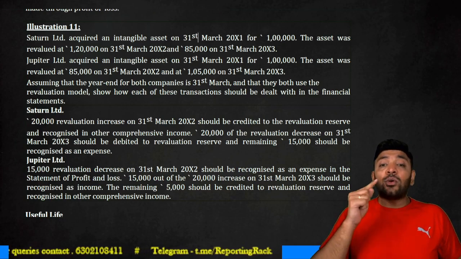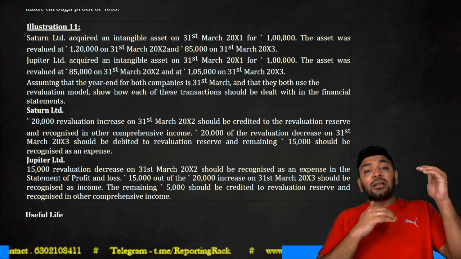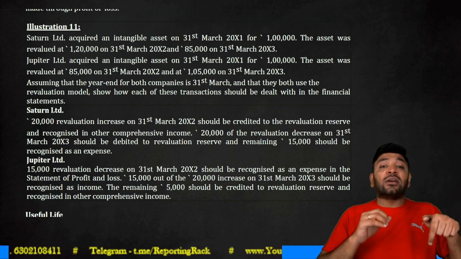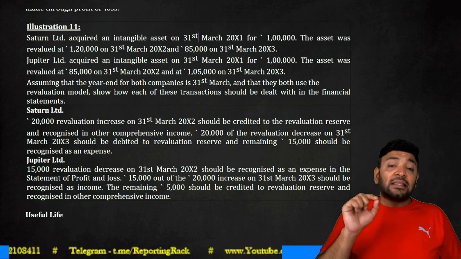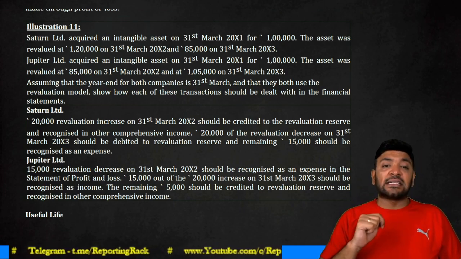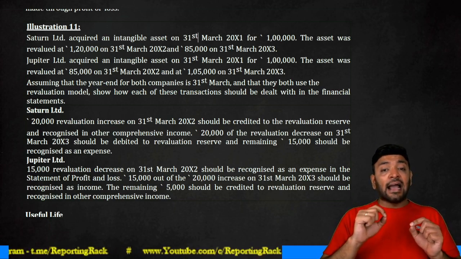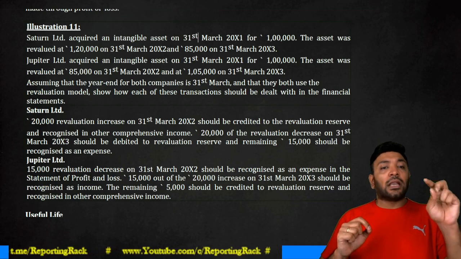It was revalued to 85,000 on 31st March 23. 1,20,000 became 85,000, a downward revaluation of 35,000. But this asset was upward revalued earlier by 20,000, so revaluation surplus exists. How do you record the entry? I'll recognize revaluation surplus account debit 20,000.